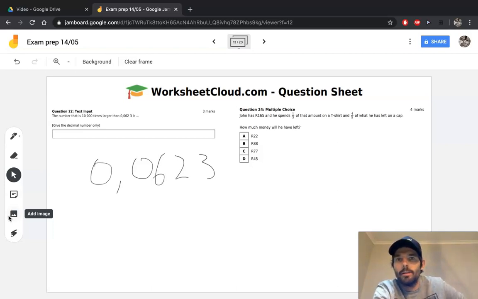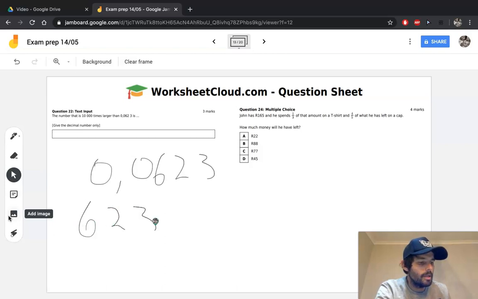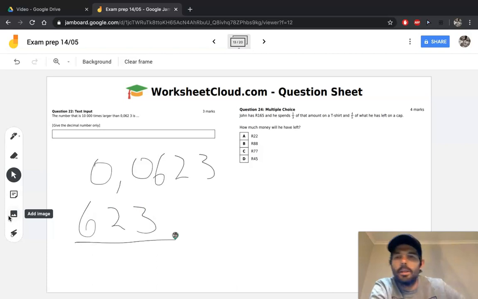So 10,000 is 10 to the power of 4. Okay, there are 4 zeros there. So if I multiply a decimal number by 10,000, my number gets 4 places bigger. Okay, so that means my answer is going to be 623, and you can see that the 0,0623 gets 4 places bigger to 623.